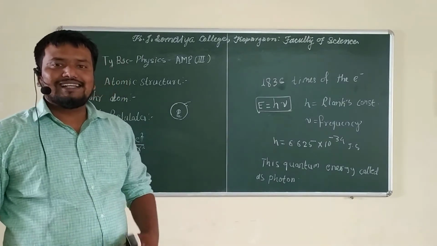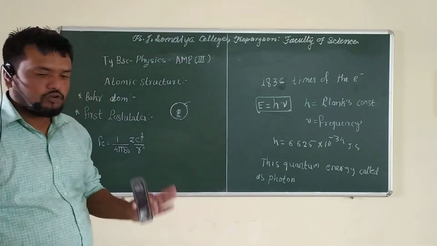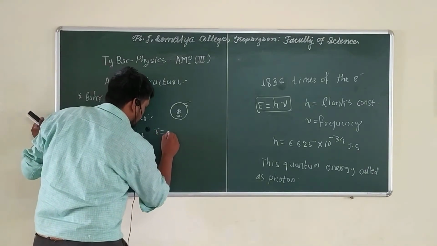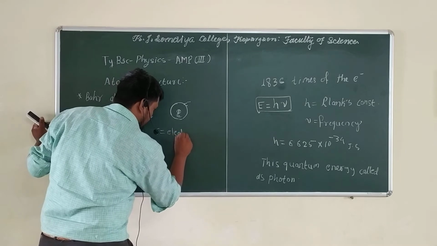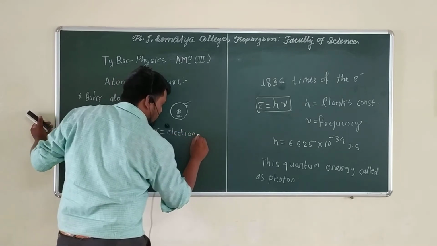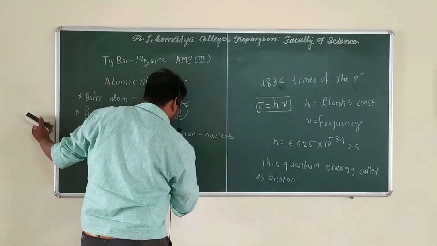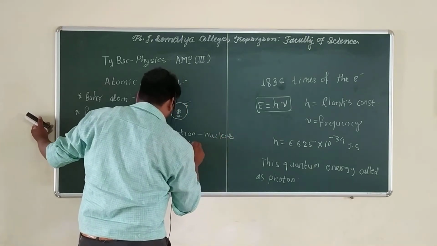Where r is the electron-nuclear distance.